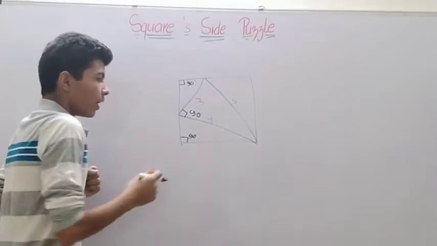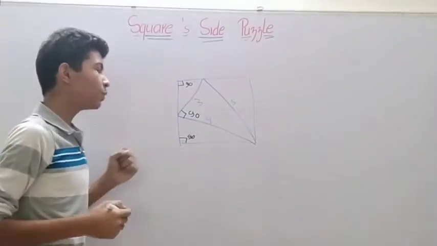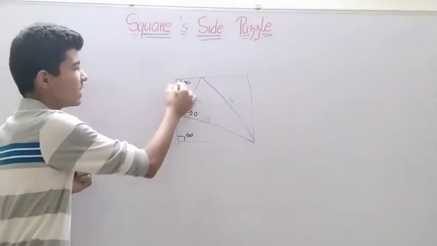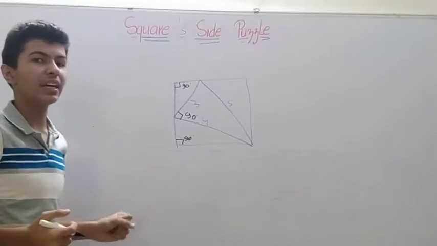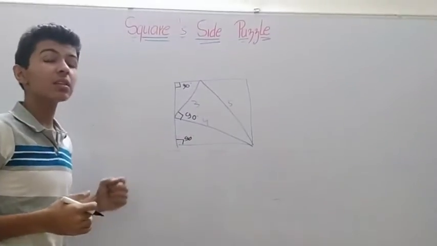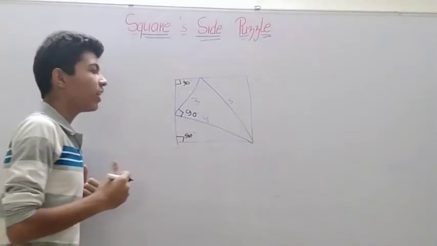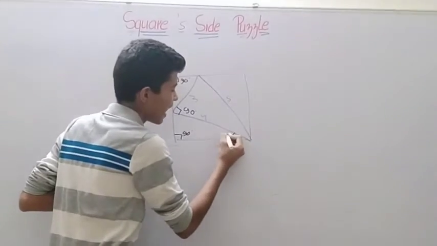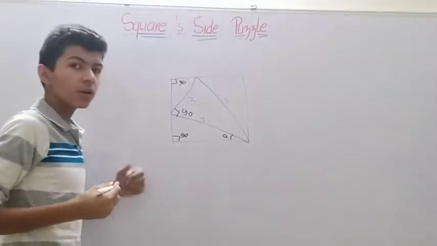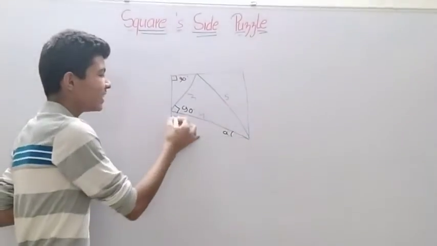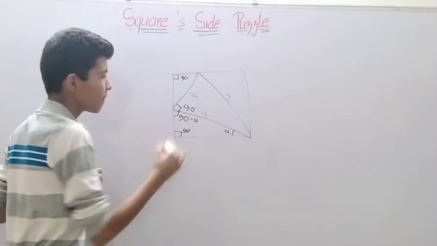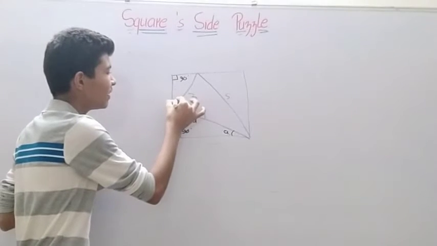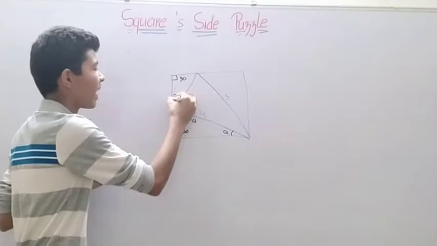First we have to prove that the triangle with the side adjacent to 3 and the triangle with the side adjacent to 4 are similar triangles. If we take this angle as A, then this angle would become 90 minus A. To find the other angle, let it be x.